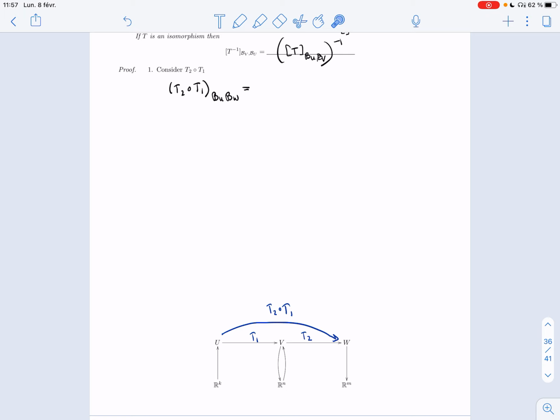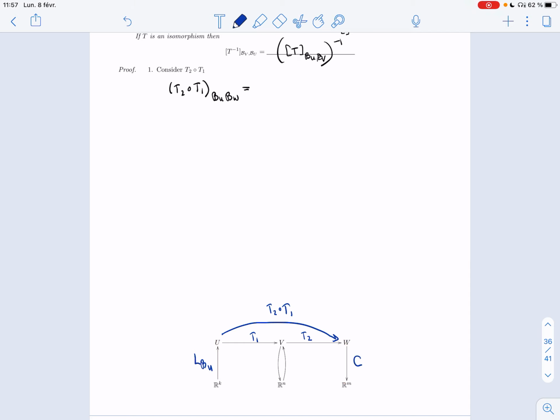If I want the map corresponding to it on Euclidean space, I'm going to take this map, which is L_BU. Let me label it for good. I'm going to take this map, then T2 composed with T1, and then this map back.